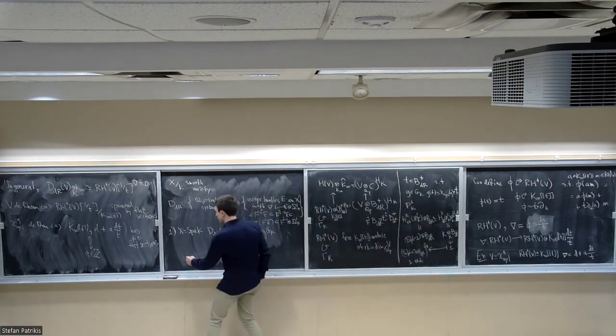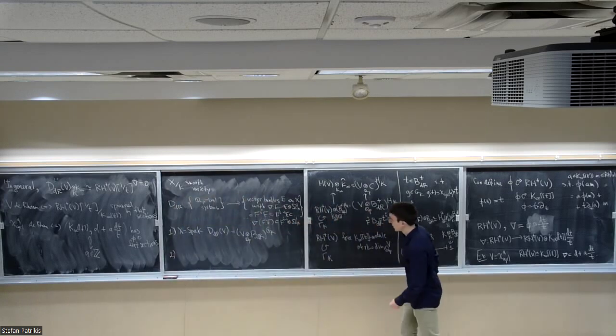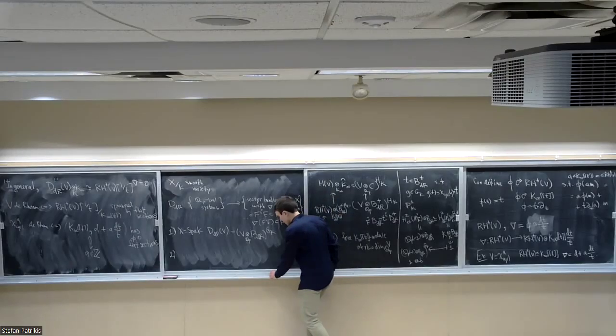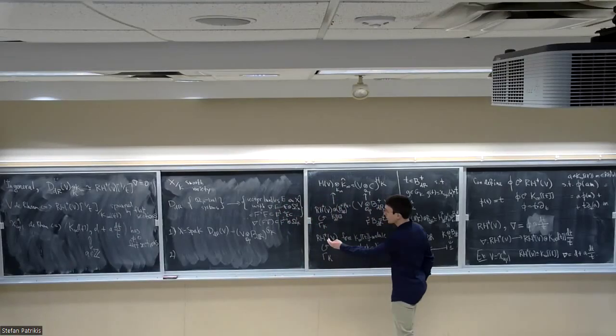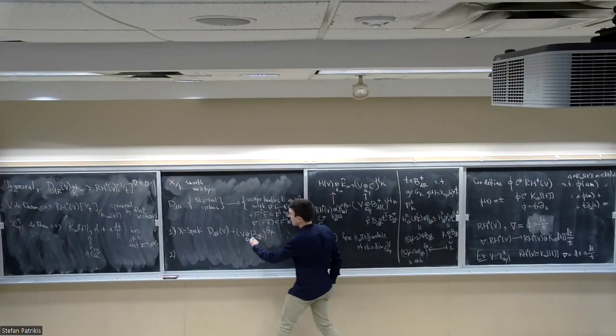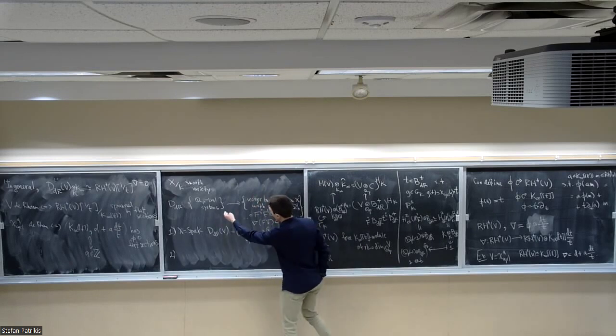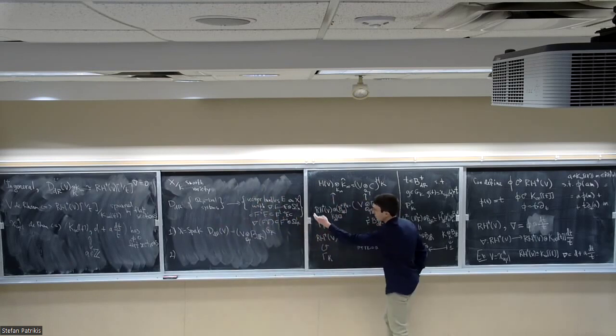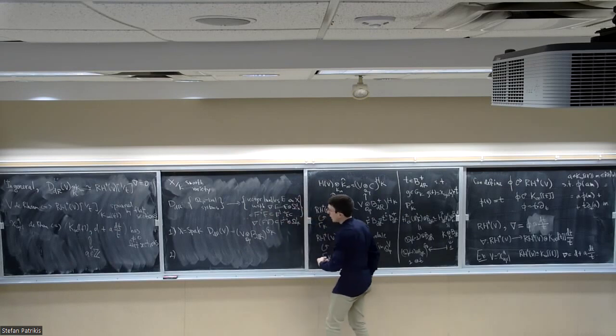Now, the second property, which seems innocent but will have a lot of interesting consequences, is about this construction. In general, as we already saw, this functor loses some information, so some local systems get sent to 0.